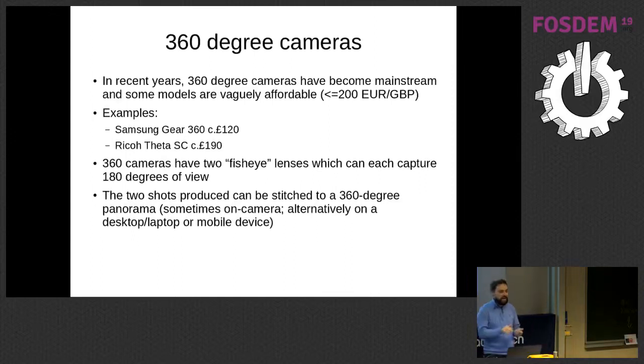To take a panoramic shot, you just click and take a shot, and that gives you two half spheres using these fisheye lenses, and then you can use stitching software to join those together into a photosphere-like equirectangular panorama.